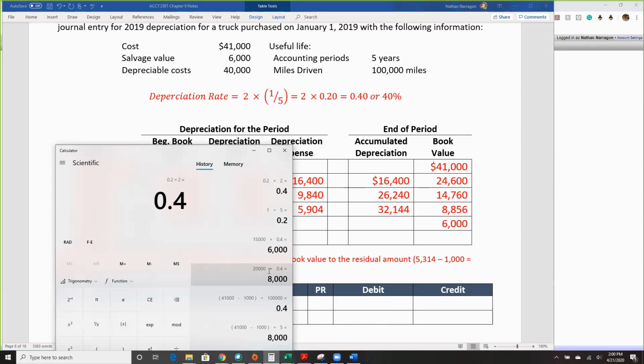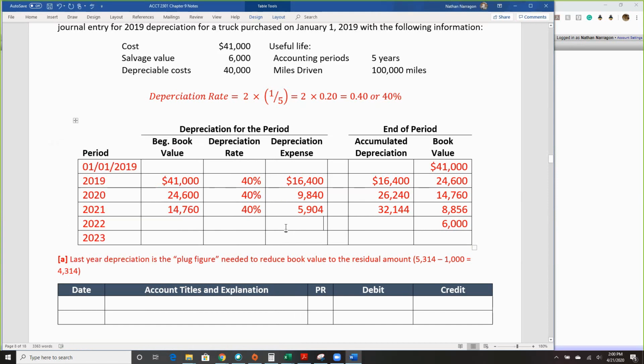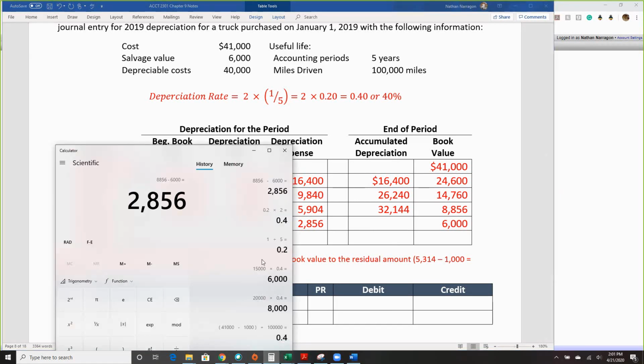And calculator. Yeah. So depreciation in 2022 would have been 2,856. And this would have been way bad. But cumulative depreciation would actually end up being, calculator, $35,000.